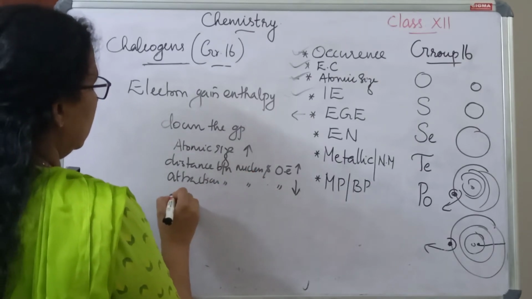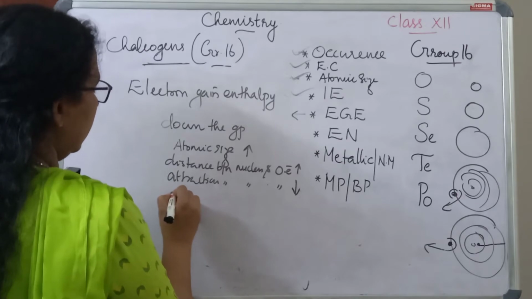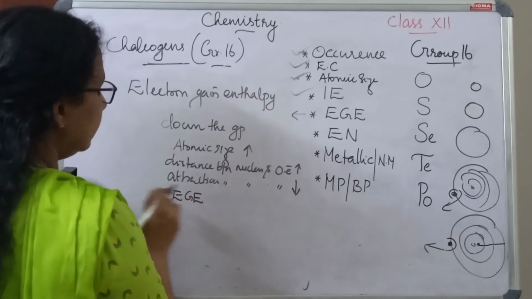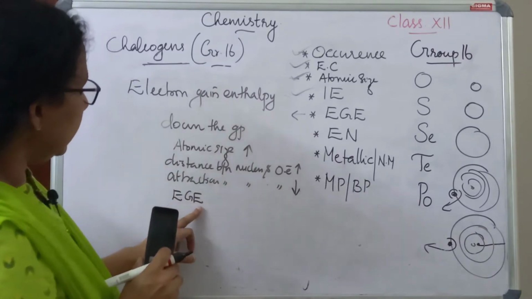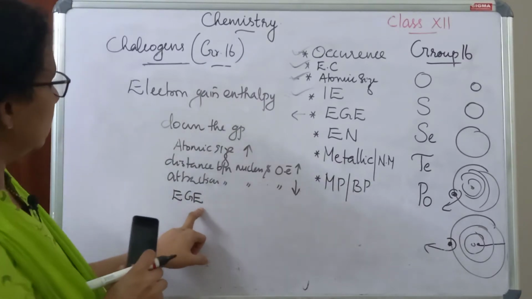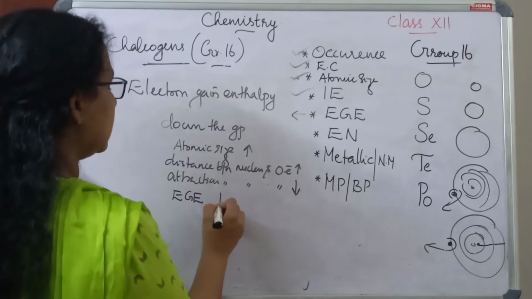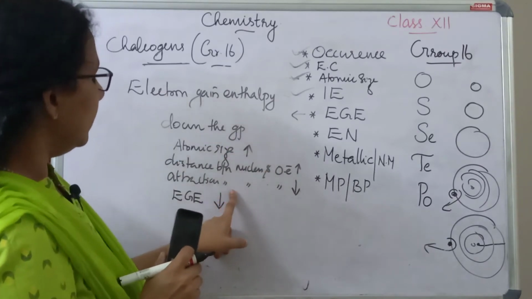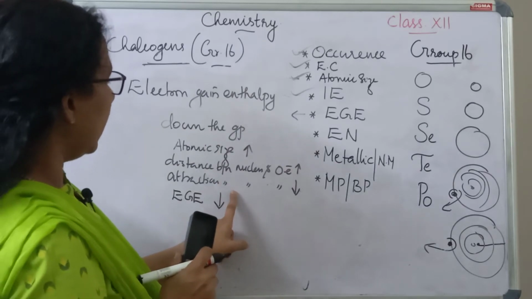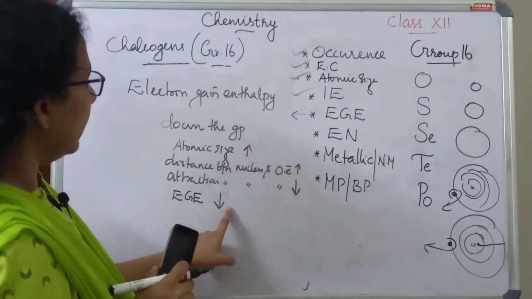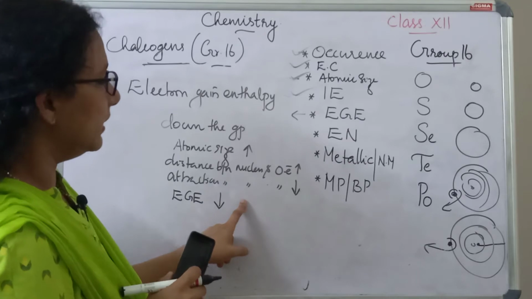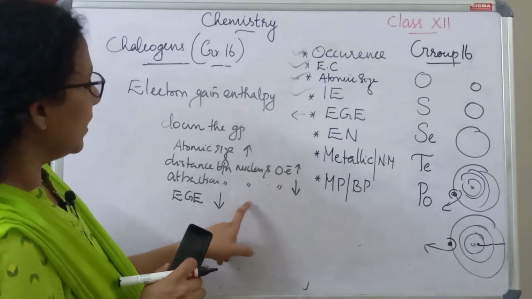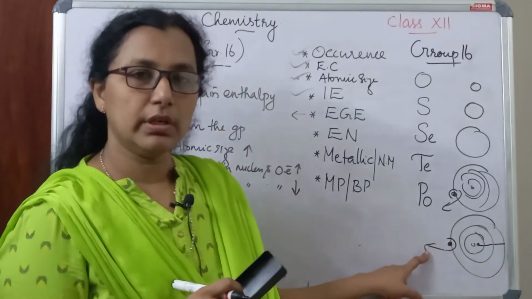So the electron gain enthalpy will be less when we are coming down the group. That means if we are adding an electron, the amount of energy released will be less.